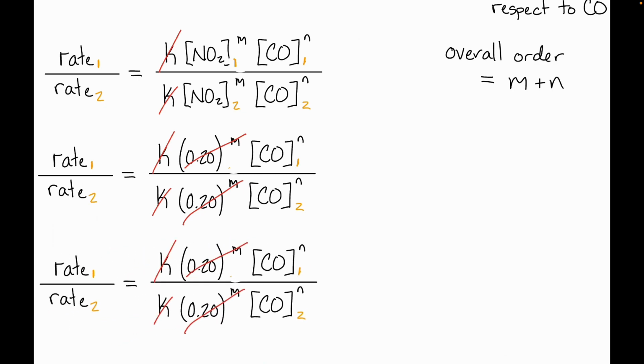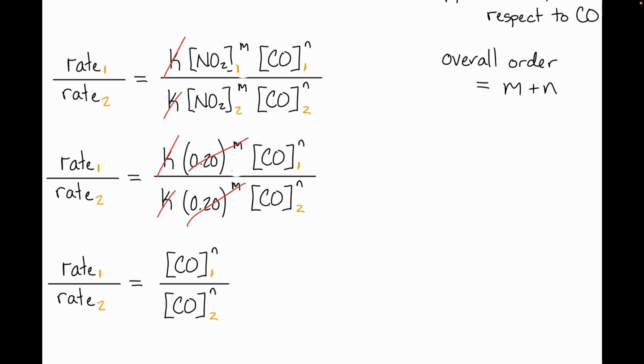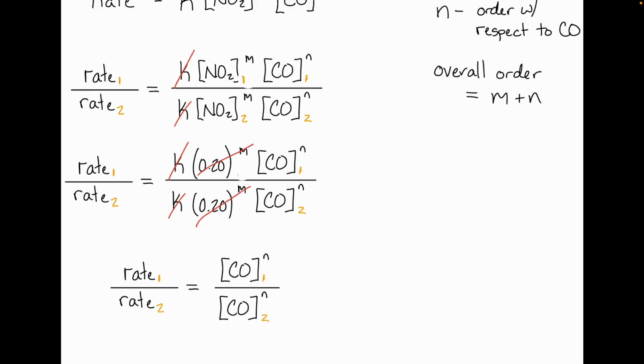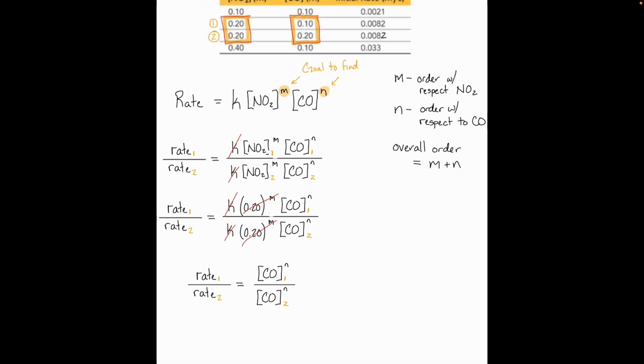Okay, so let me just get rid of what we crossed out here. And now I'm left with the same situation as we saw before, where now I can just plug in my data. The rate for my first data point was 0.0082, and the rate for my second data point was 0.0082.